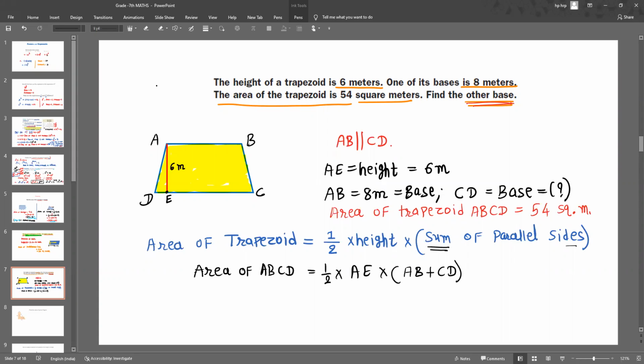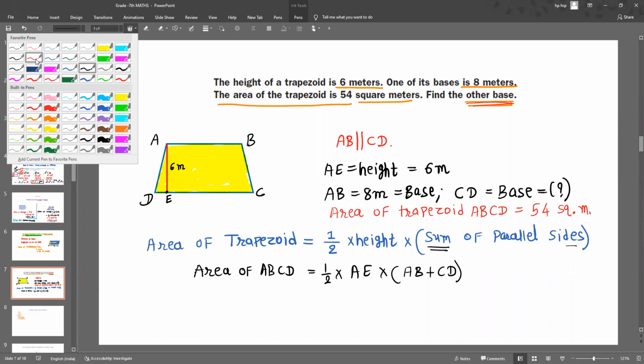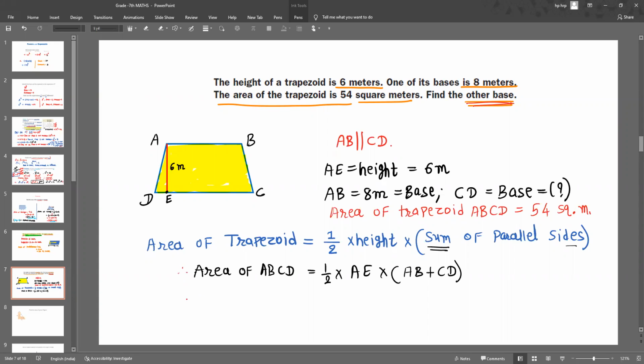No. Okay, so now I can put in the values and simplify. The area is already given, 54, 1 by 2, height is 6, multiplied by the bracket AB, which is the base already given, 8 meter. So I can write 8 plus CD, the other base we have to find.